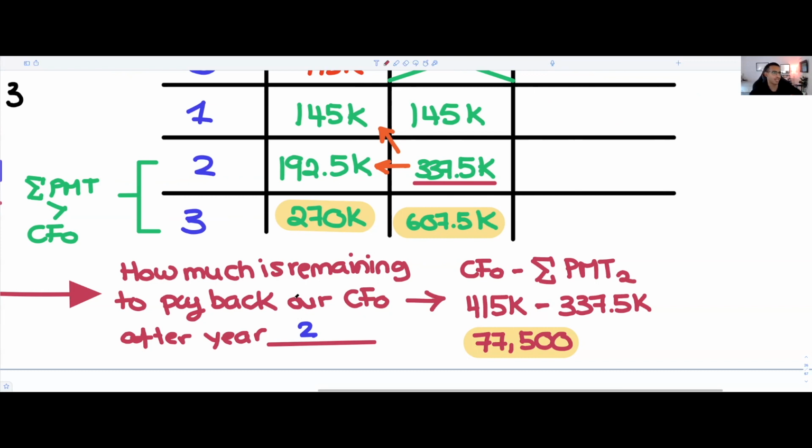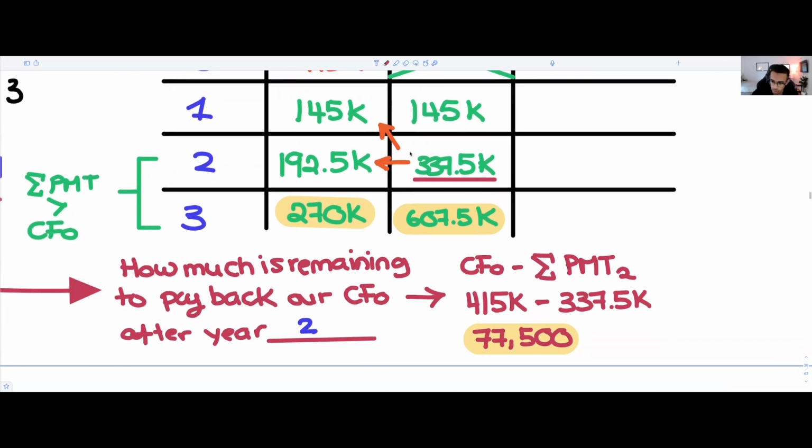So what we're going to do is this. All right. What you're going to do, and I'll find some space to do it, I guess right here. You're simply going to do this. You're going to do 77,500 divided by the total cash flow you made in year 3.